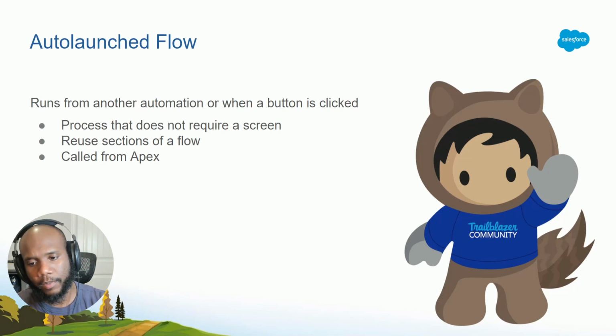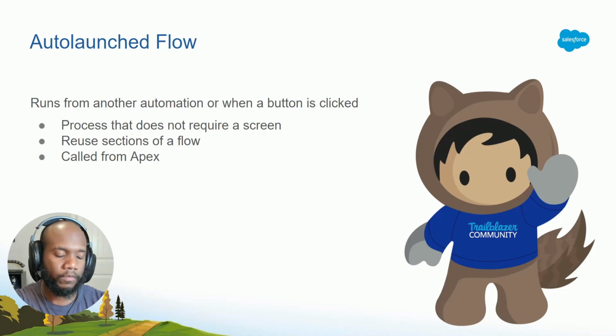Auto launch flows can also be called from Apex and different automation, and it makes it really handy for a developer to call flows or auto launch flows, and the calculations or the process that exists in there is controlled by an admin.